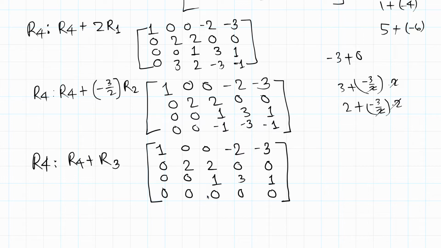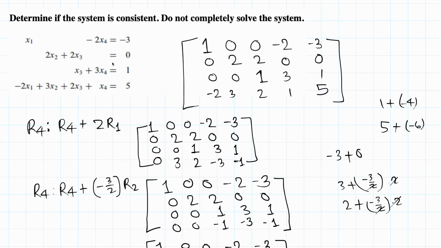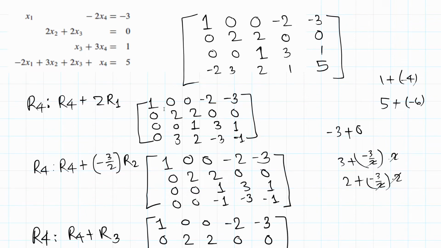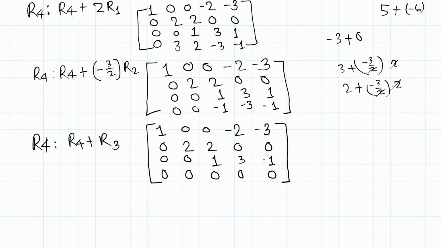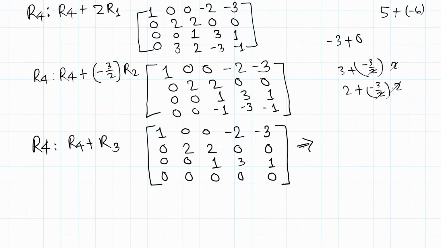Now to see if this has a solution, we can convert this back to equations in terms of variables. Let's make equations. Okay, so this one is pretty much 1 x1 plus x2 plus x3 plus x4 minus 2 x4 equals negative 3.